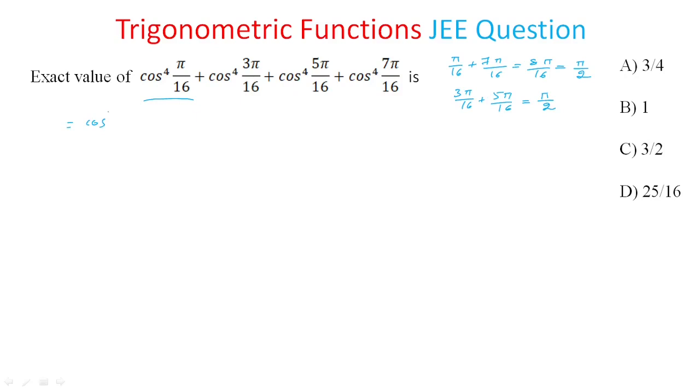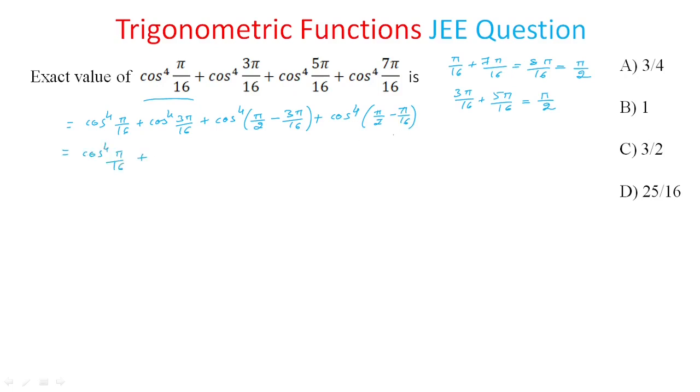This cos⁴(π/16) I write as it is, and cos⁴(3π/16) also as it is. In cos⁴(5π/16) we write π/2 minus 3π/16. Similarly, in the last one, cos⁴(7π/16), we write π/2 minus π/16.